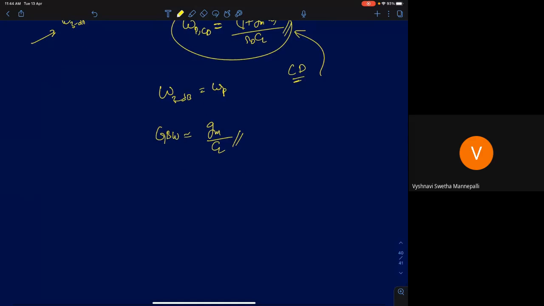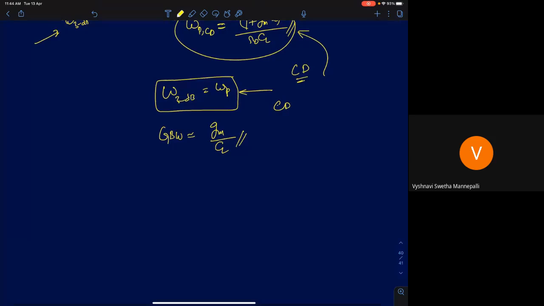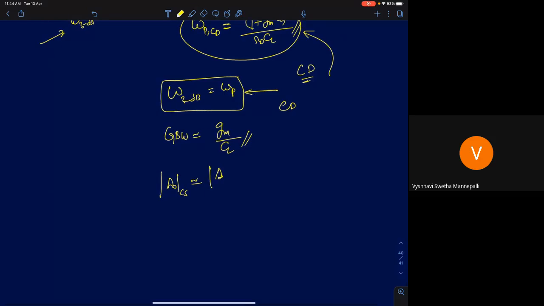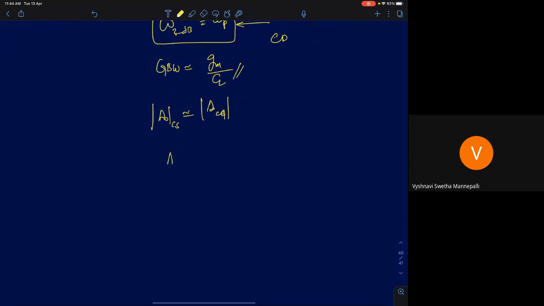Okay? We have seen the 3 dB bandwidth is highest for CD. It is in fact higher by a factor of 1 plus GM R naught. And the DC gain, A naught of CS, is approximately equal to A naught of CG. And of course, it is much greater than common drain's gain.